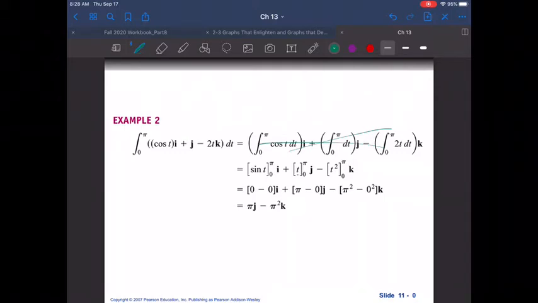Then you plug in your limits of integration: sine of pi minus sine of 0, pi minus 0, and pi squared minus 0 squared. You see this first component goes to 0, and you're left with pi j and minus pi squared k. And there is your integral of that vector function from 0 to pi.